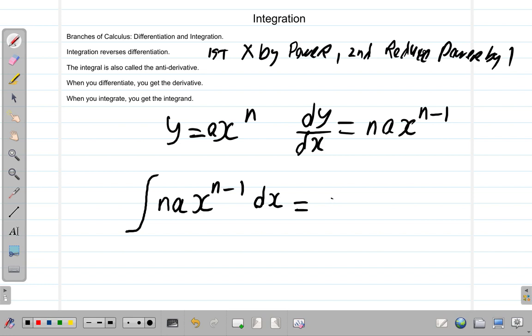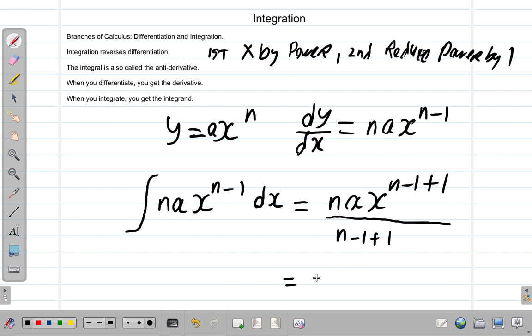So remember, you have n a x to the n minus 1. What you do is increase the power by 1, say plus 1. Then what you do now, instead of multiplying, you divide by the new power. So it's divided by n minus 1 plus 1. Remember, n minus 1 plus 1 is the new power. So what do you end up with now?